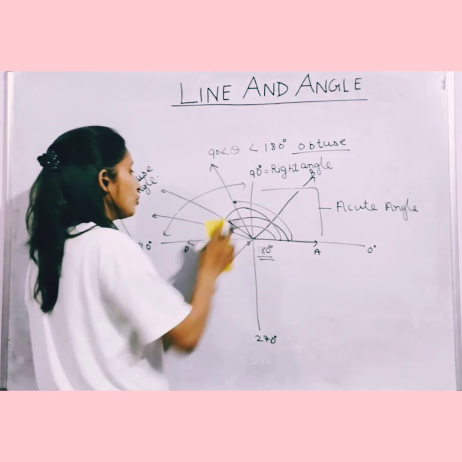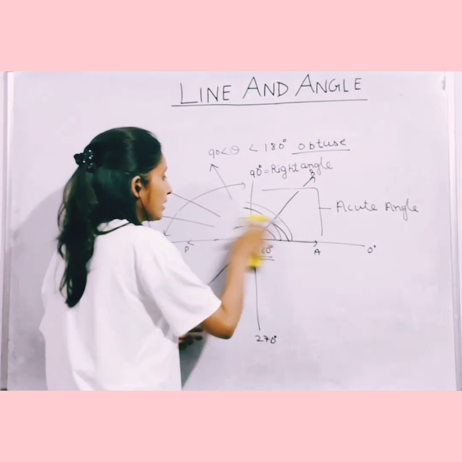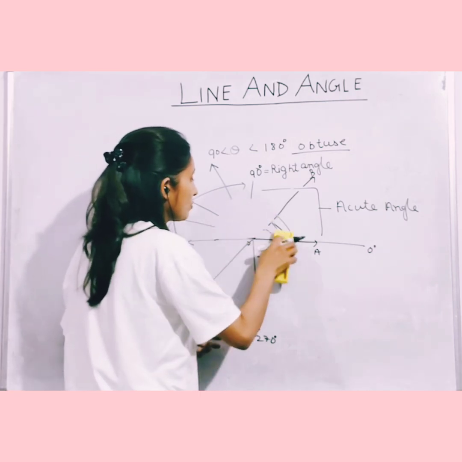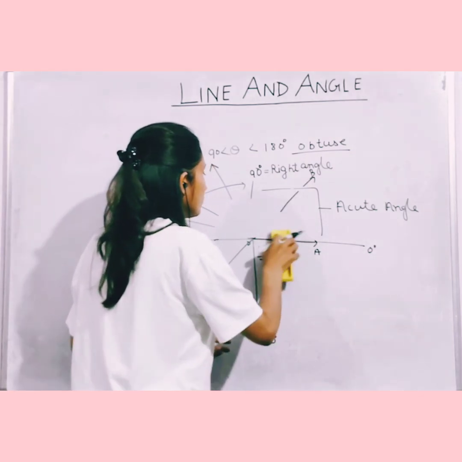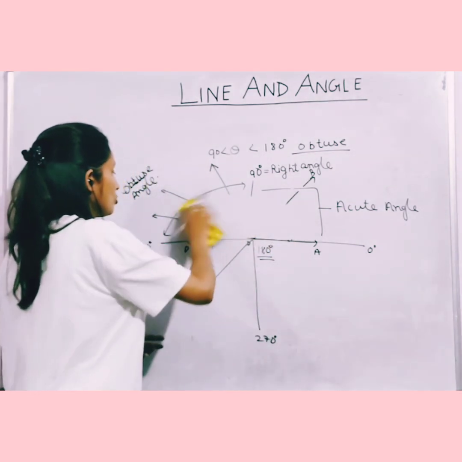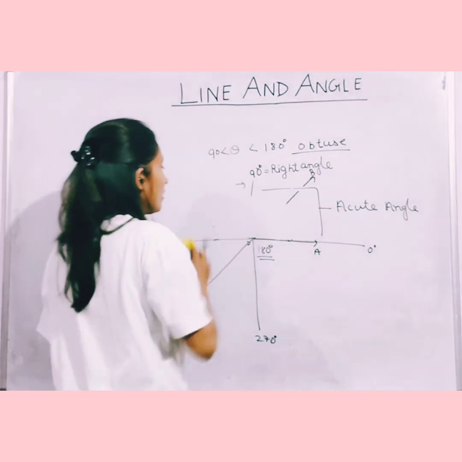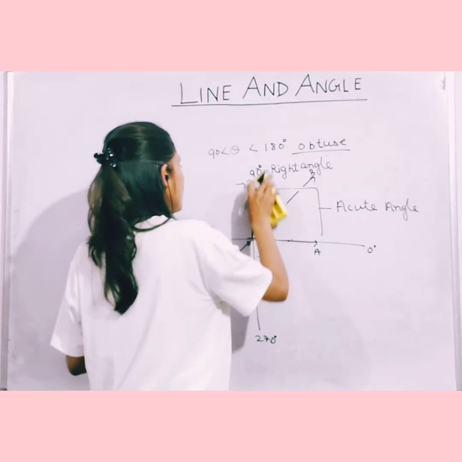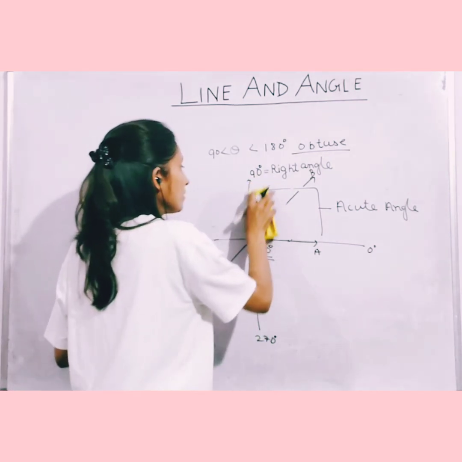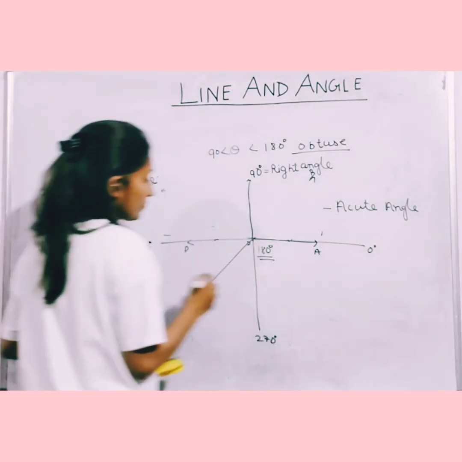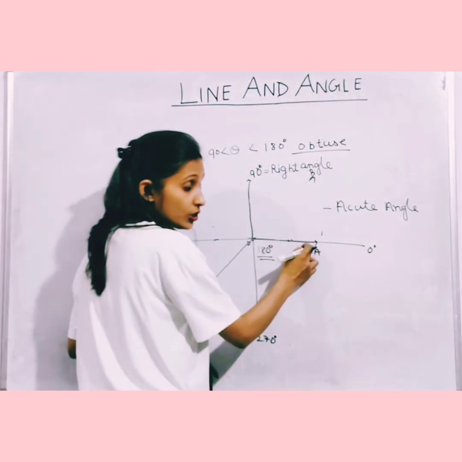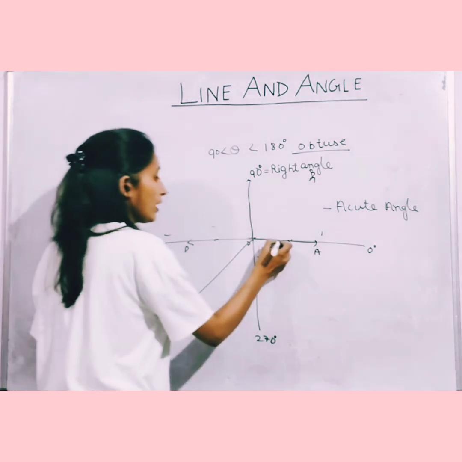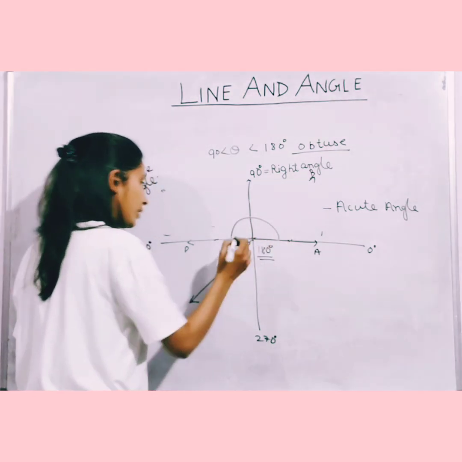And what we have to do, I am erasing so that you will not get confused about the angles. We already have done so many angles here, right? Give me 1 minute. So this is our positive Y. Okay. So this is our initial arm, this is our terminal arm. We have moved so far. Okay.